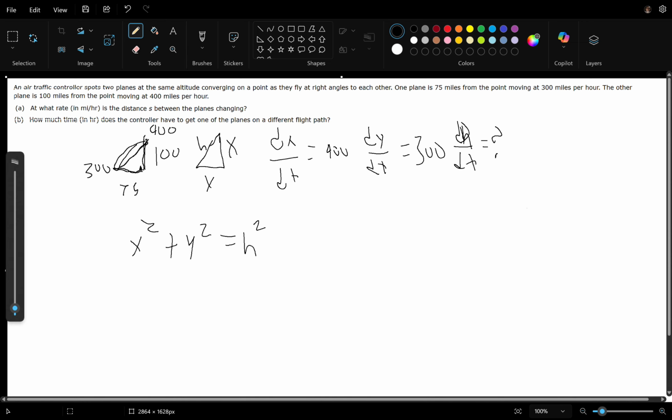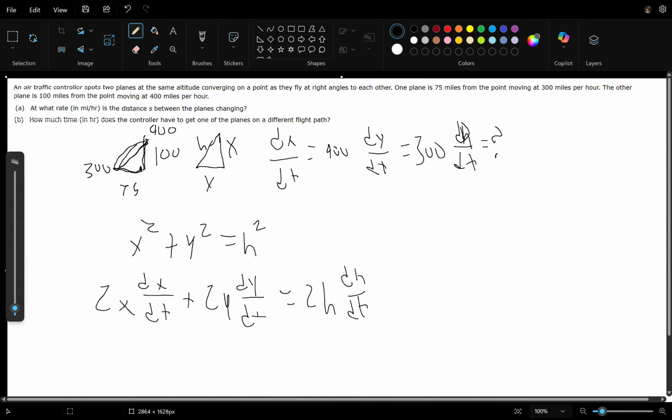And so that gives us 2x dx over dt plus 2y dy over dt. And then lastly, you got 2h dh over dt. And so now we can plug in the values for our equation.